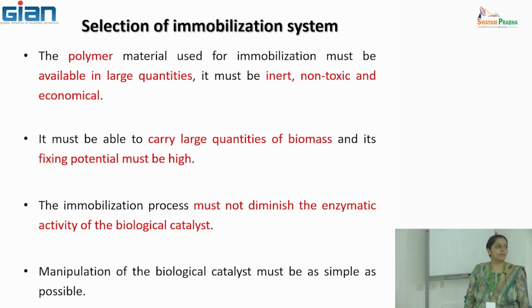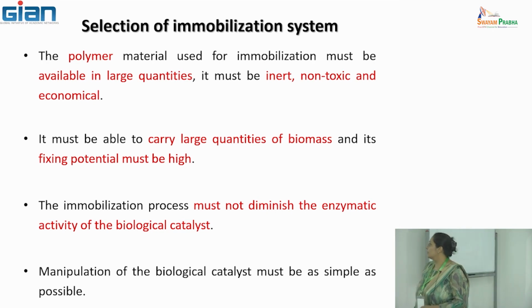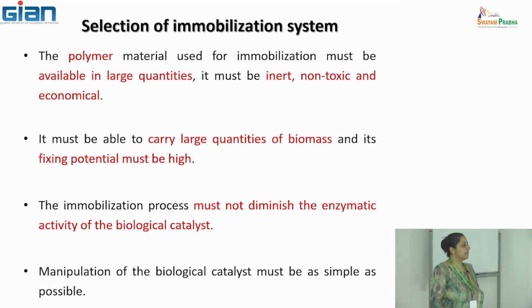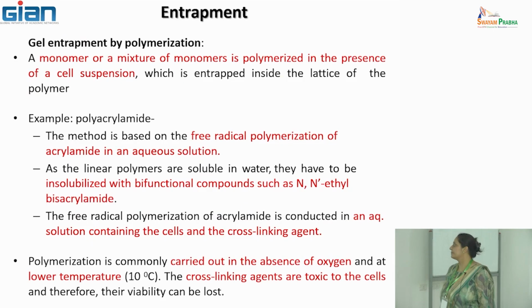Now, what care should be taken while selecting the polymers for immobilization? They have to be inert, non-toxic to the cells, and economical in nature, and obviously they have to be available to meet the demand. And the process of immobilization should not be such that it can diminish the enzyme activity of the cell.